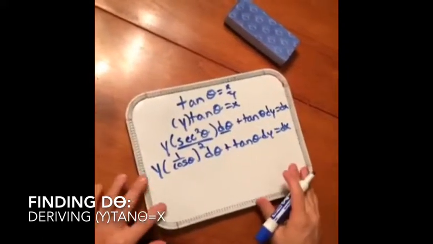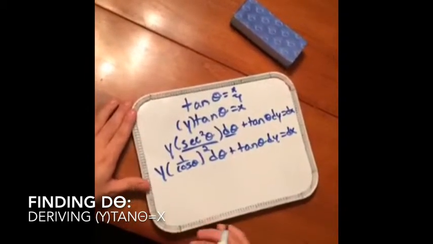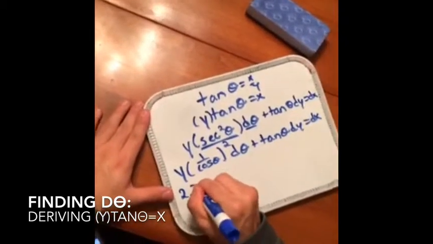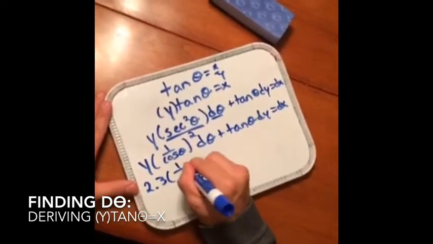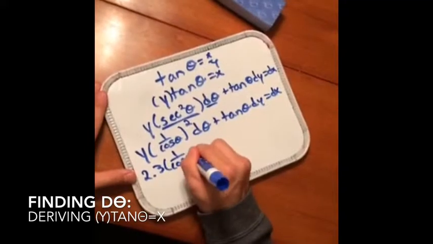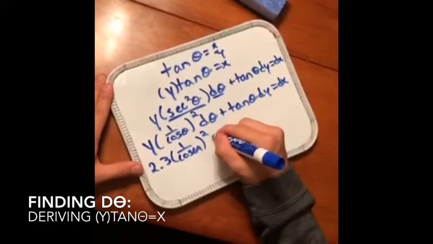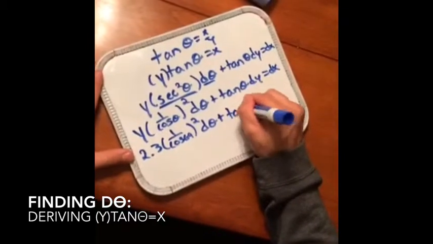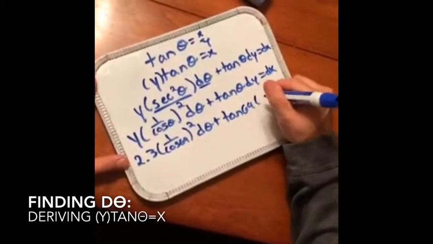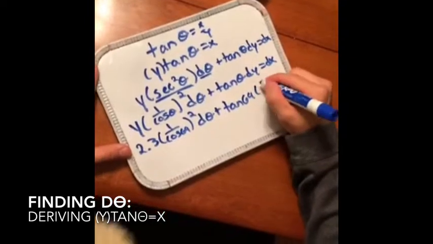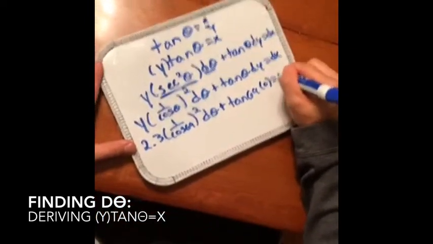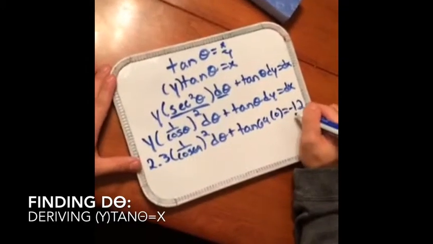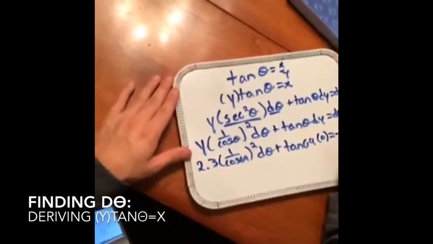Now since we got everything rewritten to how our calculator can do it, we just plug in the numbers. So y is 2.3, we do 1 over cosine of 69 squared, leaving d theta because that's what we're solving for, plus tan of 69 times 0 equals negative 1.2. It's negative because she's getting closer, so the distance is becoming smaller.